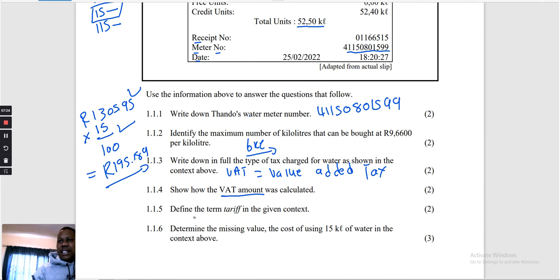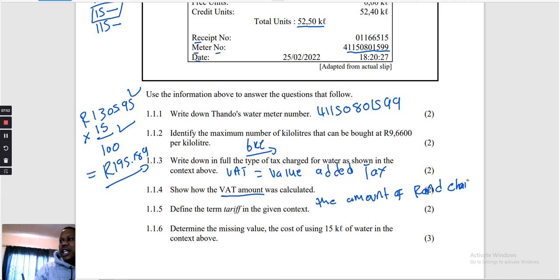Number 5, they say define the term tariff in the given context. Now you ask yourself, what is a tariff? When we talk about the water tariff, we talk about the amount of rent charged.